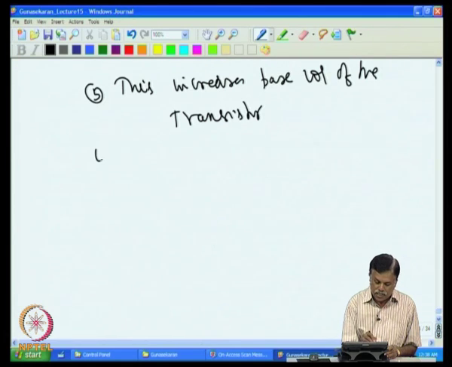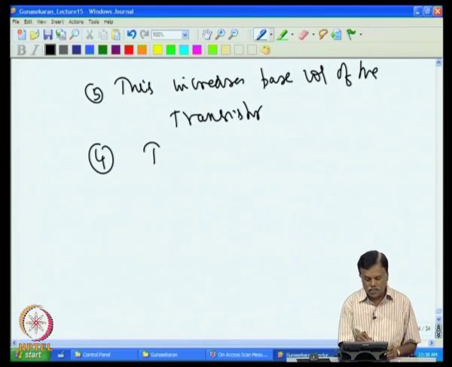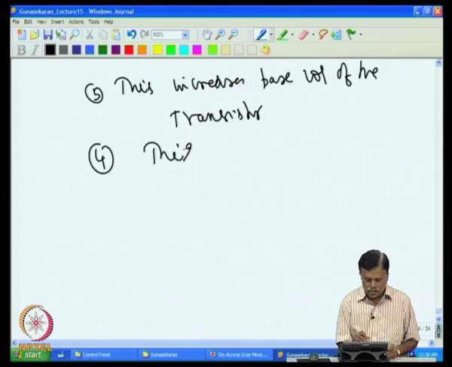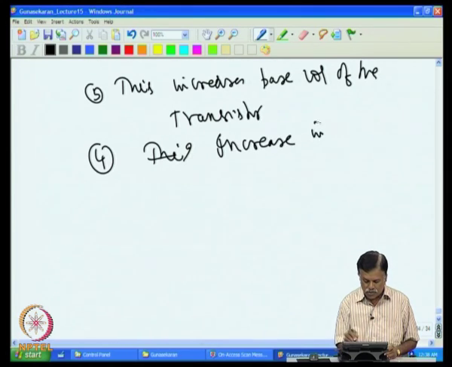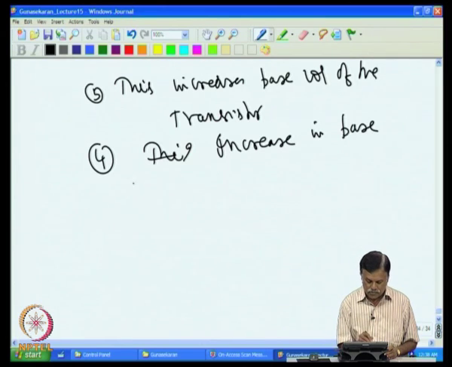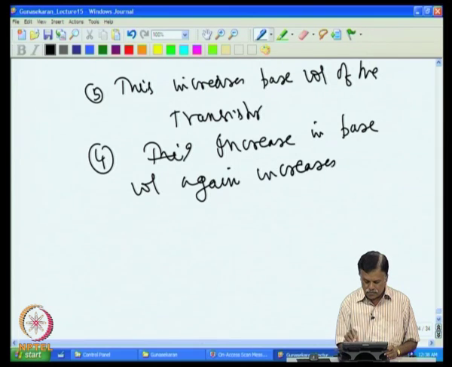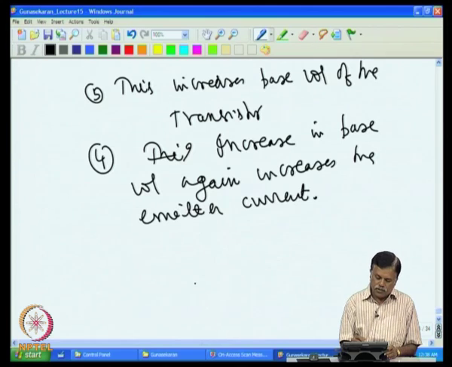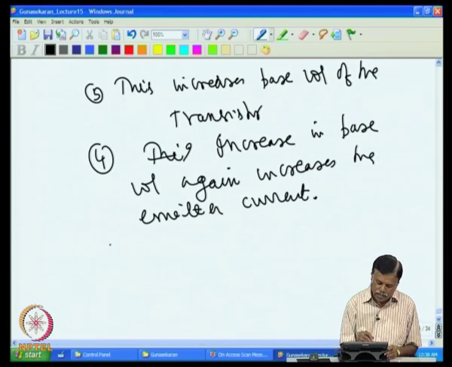Then once the base voltage increases, the increase in base voltage again increases the emitter current. Once the emitter current increases, the magnetic field again increases on the primary.